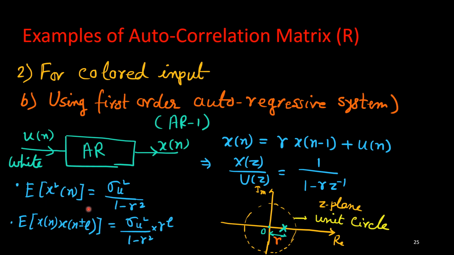For that we have obtained that the expected value of x square n is sigma u square upon 1 minus r square, and the expected value of x(n) times x(n minus or plus L), meaning the sample difference is L, the correlation is sigma u square upon 1 minus r square times r to the power L. So you see, as L is large, this value will decrease, because here we consider that r is within 1 to minus 1.